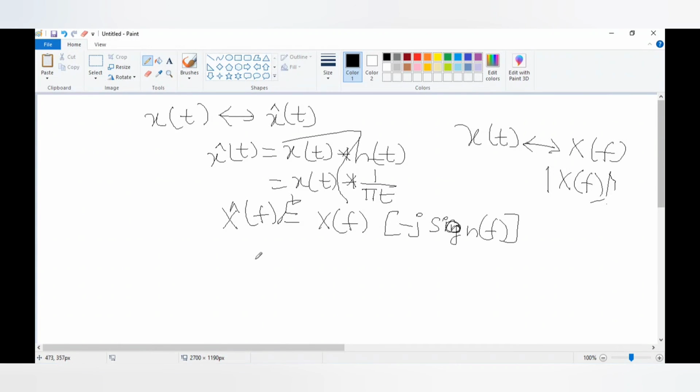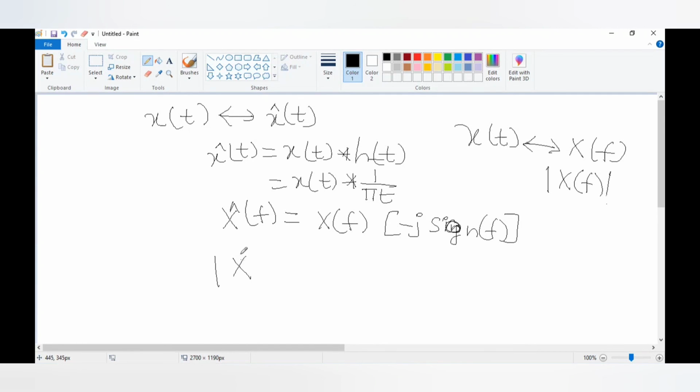So here we need to find what is x cap of f. Let me erase the unnecessary lines which are drawn. Okay, fine. So we need to find the magnitude of x cap of f. So how will you find the magnitude of x cap of f?